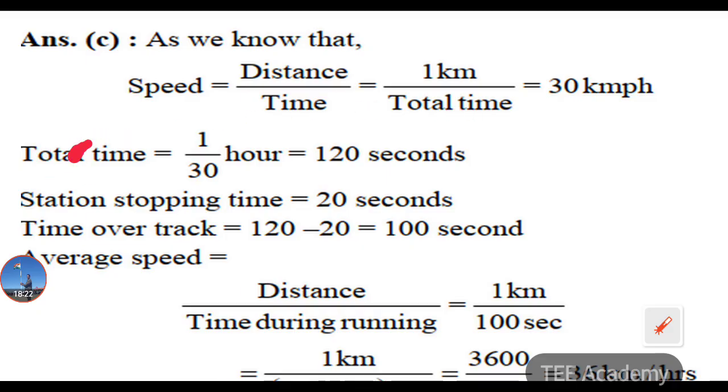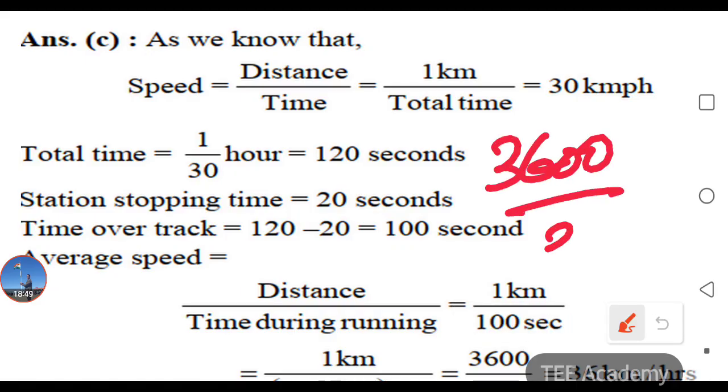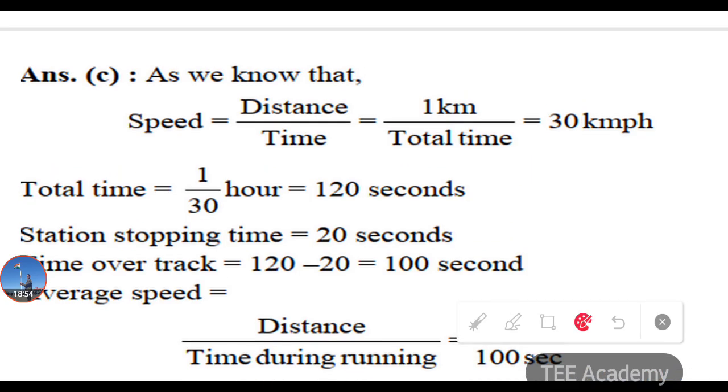So total time is equal to distance divided by speed, 1 kilometer divided by 30 kilometers per hour, the kilometers get cancelled, so 1 by 30th of an hour. 1 by 30th of an hour in seconds is 3600 seconds divided by 30. Once you do this, you will get 120 seconds here.